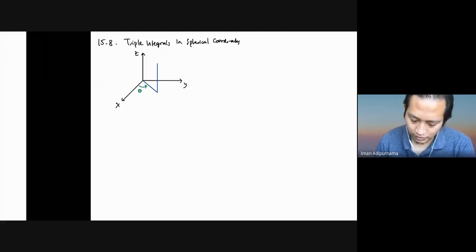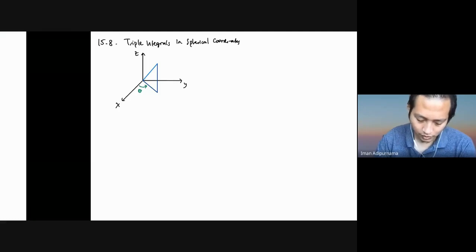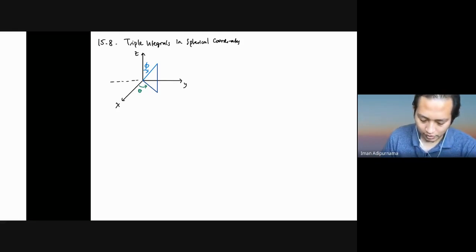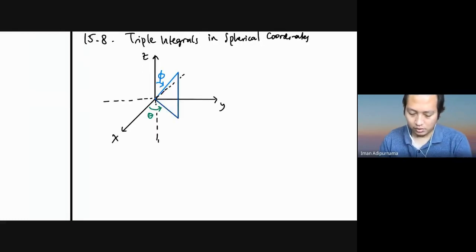So another angle will be here, psi. Okay, so if you look here, you will have point P. The radius will be determined by this radius.